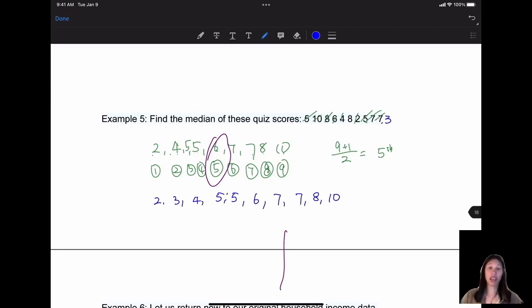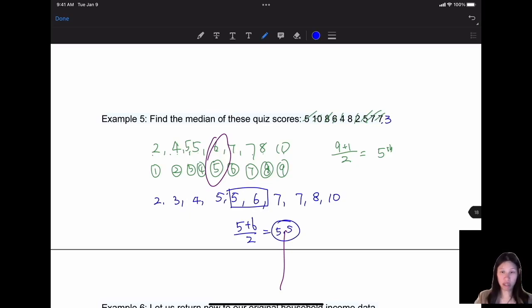So now we have 10 entries. So the median should be the middle two and then divided by 2. So it would be our 5th and 6th data and divided by 2, which is 5.5.